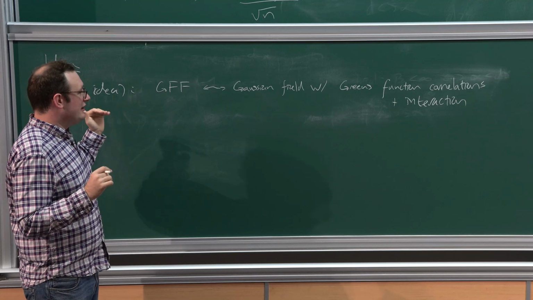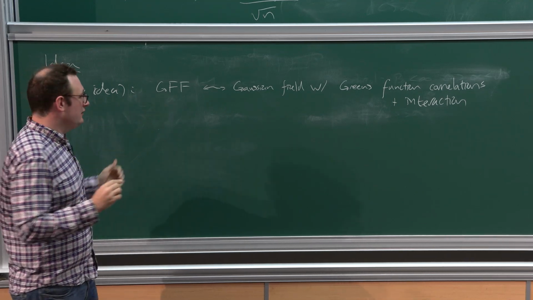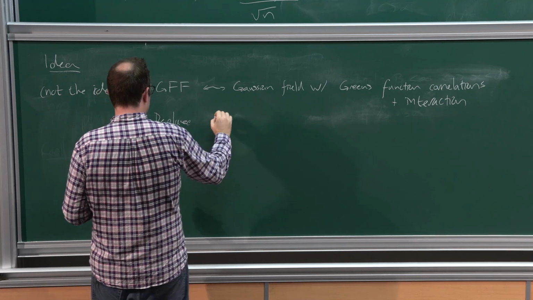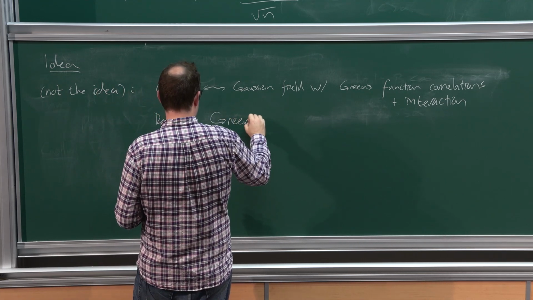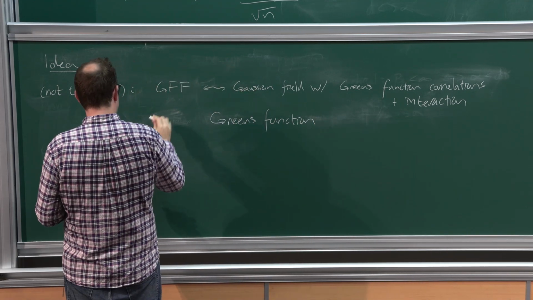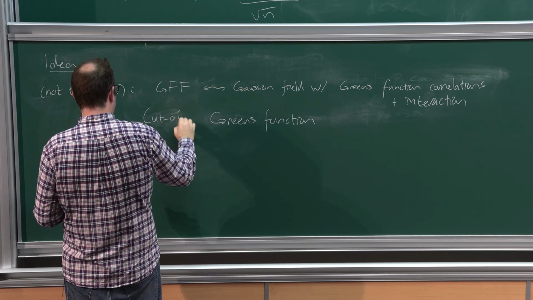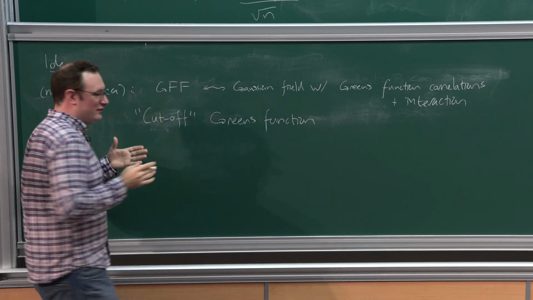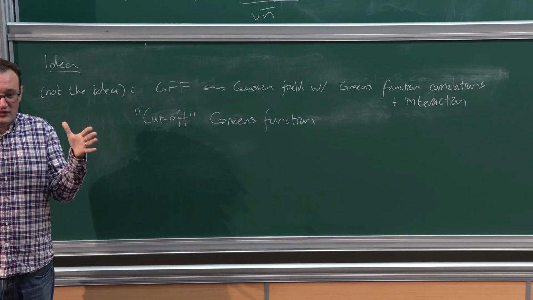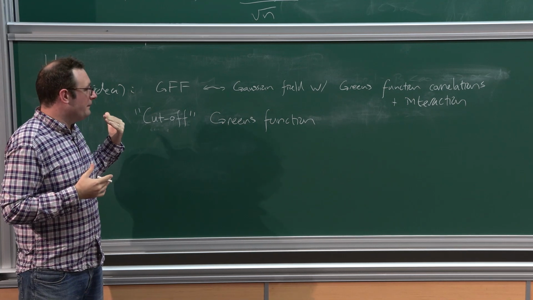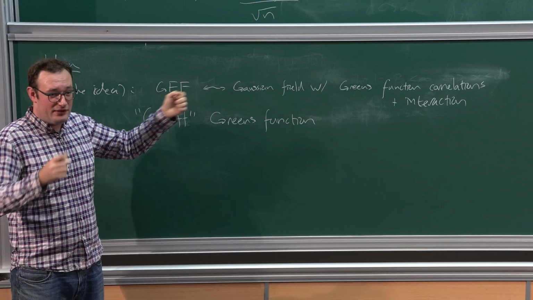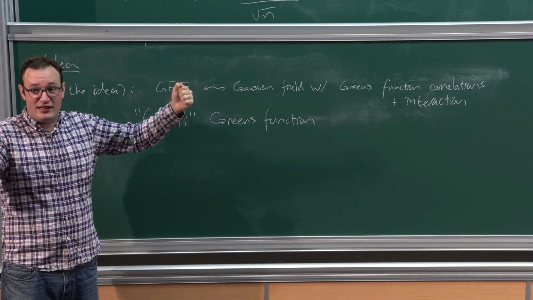So what they do is they say, okay, let's replace the Green's function, or rather than replace, you want to cut off the Green's function. So you want to replace it with some finitely supported thing, and that will mean that your Gaussian field with those covariances is now finitely dependent. Points sufficiently far away from each other are exactly independent.